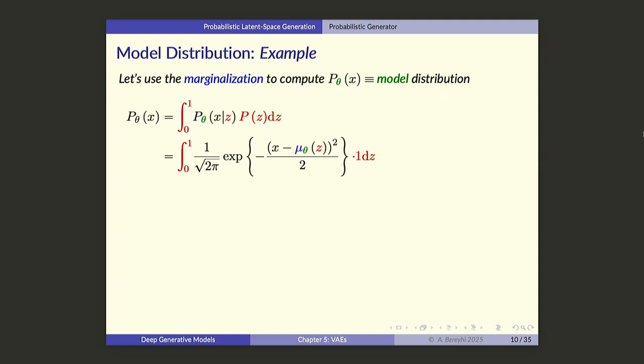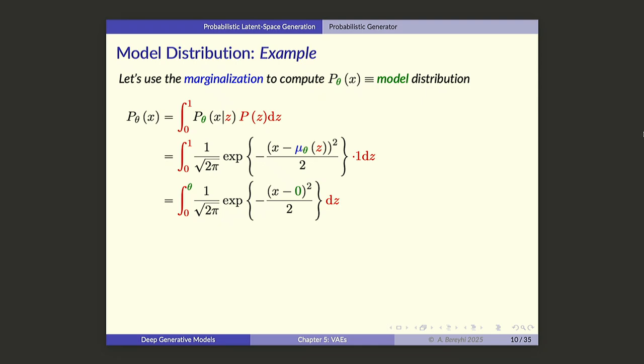Now, looking at this, if I first look at the interval between 0 and theta, what's going to be the value of mu? If z is between 0 and theta, what's going to be the value of mu? 0. So when I am taking the integral from 0 to theta, mu is 0, doesn't matter what z is.